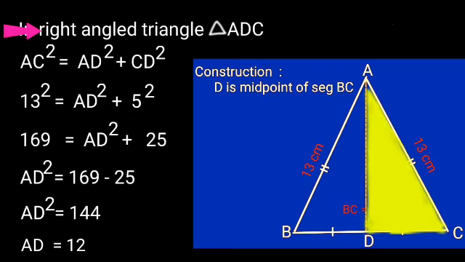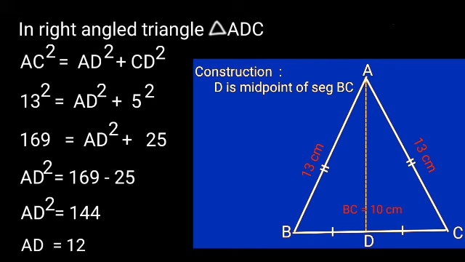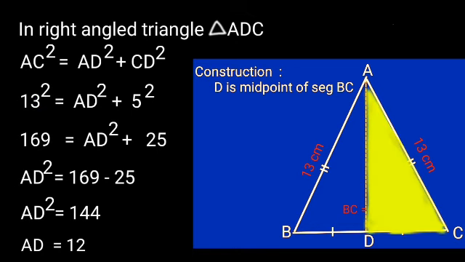In right angle triangle ADC, by Pythagoras theorem, AC square is equal to AD square plus CD square. Substitute the values. AC is 13 and CD is 5. Hence, 13 square is equal to AD square plus 5 square. 13 square is 169, which is equal to AD square plus 5 square, that is 25.